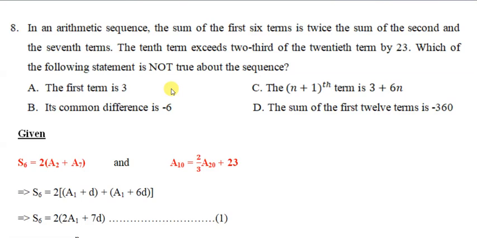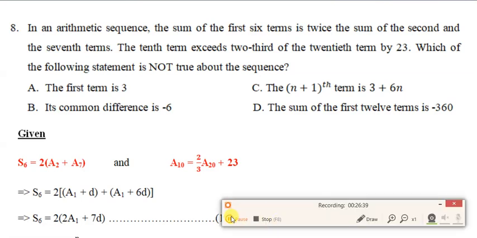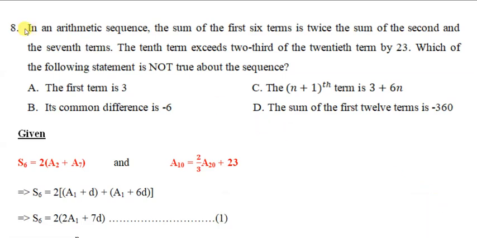Question number 8 says as follows. Pardon me, please. In an arithmetic sequence, the sum of the first 6 terms is twice the sum of the second and the 7th terms.